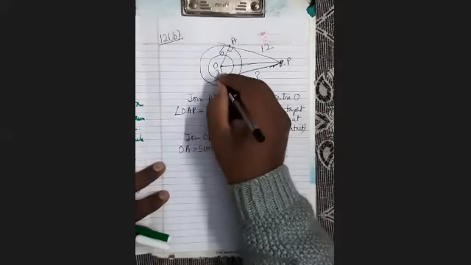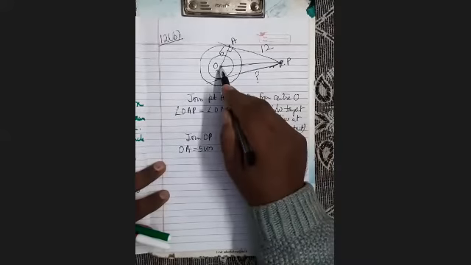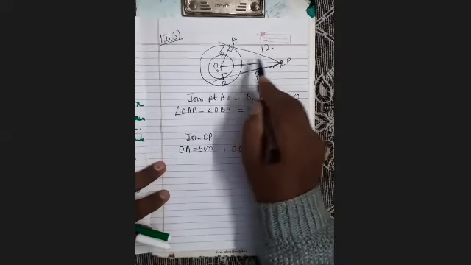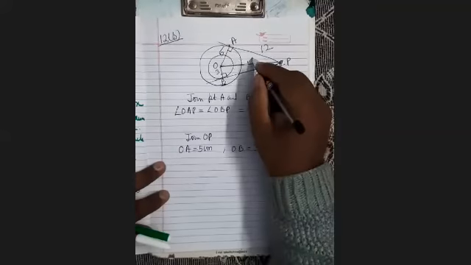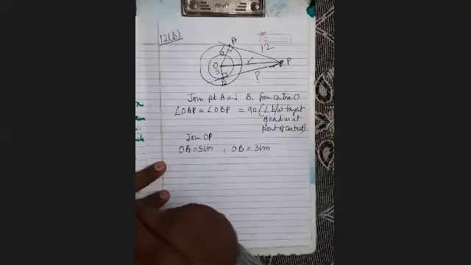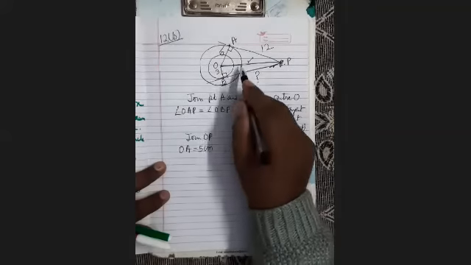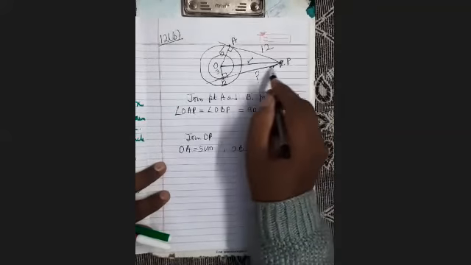Now what will we do? By using triangle OAP, find out OP from Pythagoras theorem. When OP comes, then by using this triangle, this is also a right angle triangle, one side you can determine from here. This is given, so you can get BP.